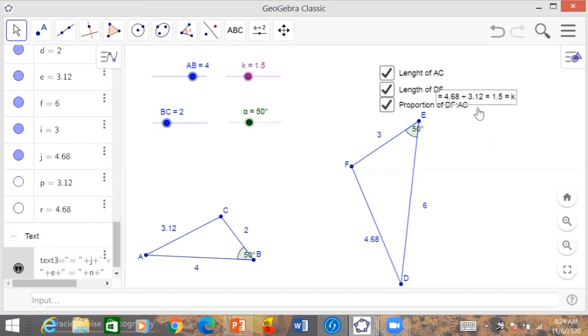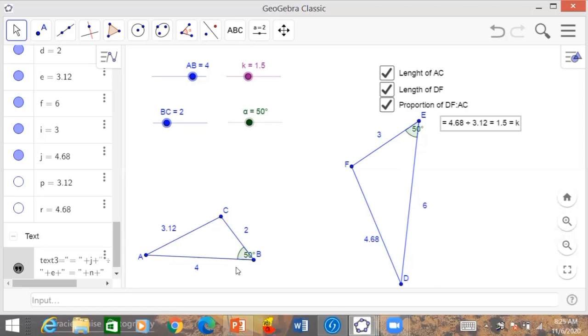Now I am taking DF by AC, that is equal to 1.5, or you can take AC by DF also, then you will get 2 by 3. 2 by 3 is equal to 0.6 something approximate.